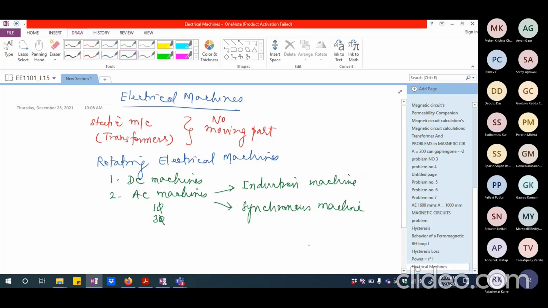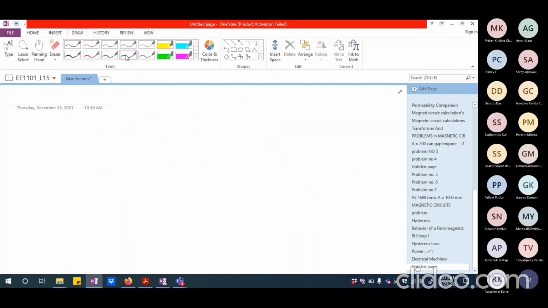As a generator, it can generate single phase or three-phase AC. As a motor, it can run from single phase AC supply or three-phase AC supply. We will look at all these things superficially with respect to AC machines as well as DC machines. But the first thing we are going to start with is transformers.